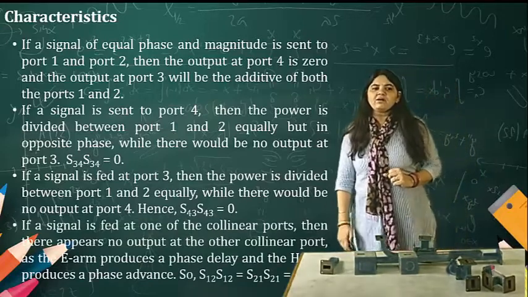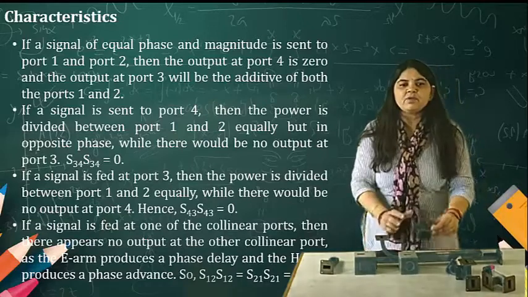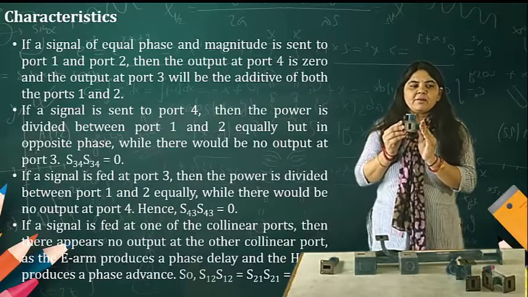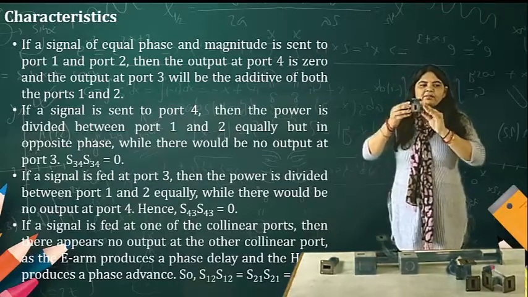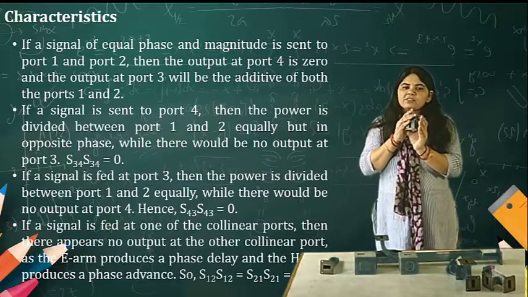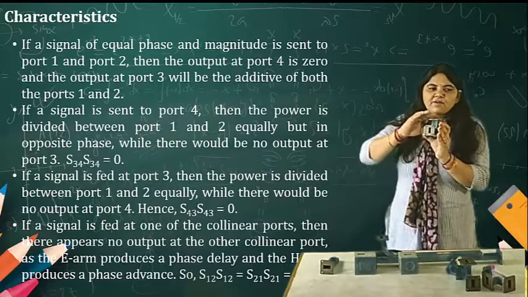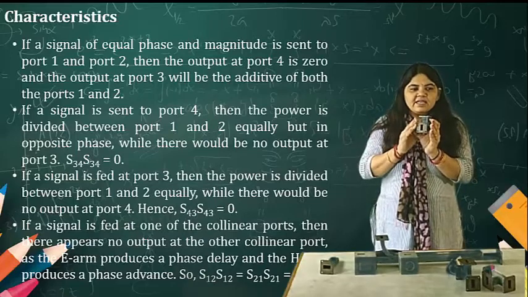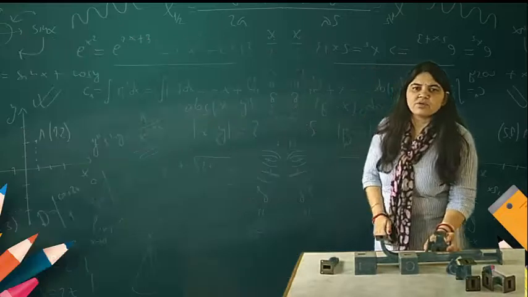And if a signal is fed at the collinear arms, port number 1 and port number 2, there is an output at the E arm that produces a phase delay, and at the H arm a phase advance. So S12 and S21 are both equal to 0.